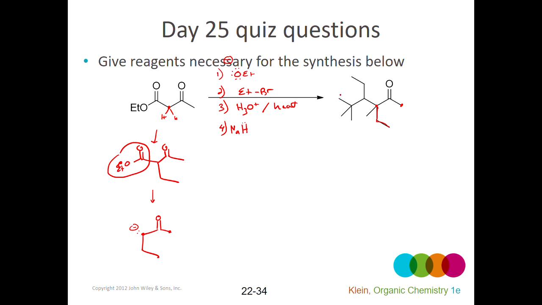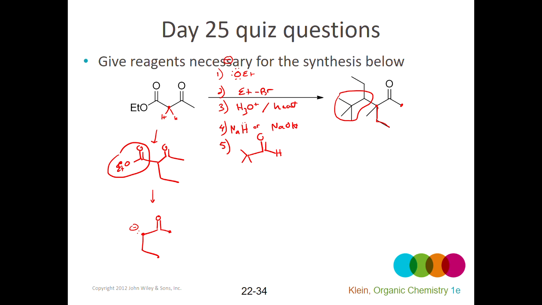And then I want to get some of this to connect here. So the next step I'm going to add is an aldehyde. I'll just point out, you could also use NaOH here. It's not strong enough to convert all of this ketone into an enolate, but it would produce a little bit into an enolate.